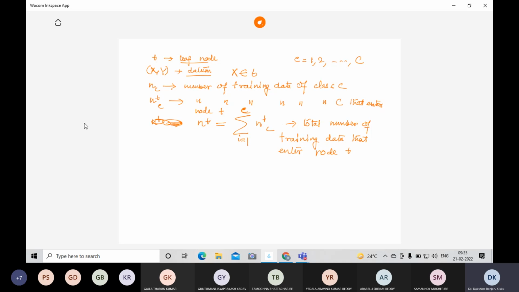That means here we can get the probability of X which enters the leaf node T, given that the class information is C. Therefore we can write p cap of X belongs to T given class information small c, and this is given by NTC divided by NC.